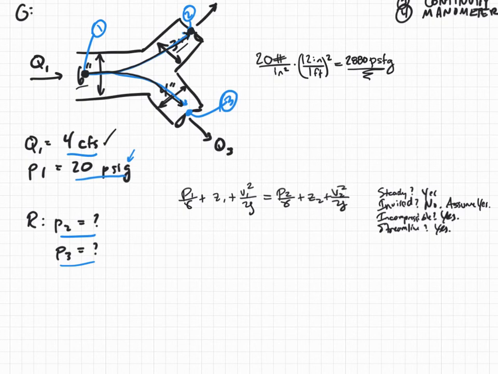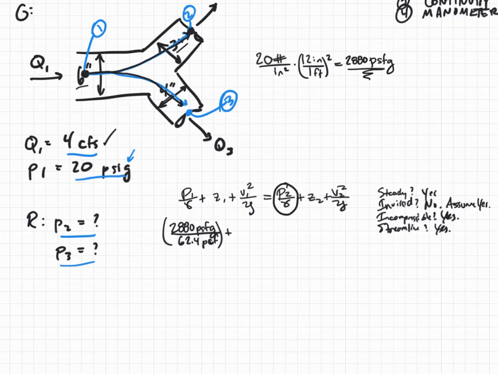This is gauge, so we've got 2880 PSFG divided by gamma of water, which is 62.4 PCF, so when you divide those you get feet. Z1. Well, let's go to P2. Do I know P2? No, that's what we're looking for.